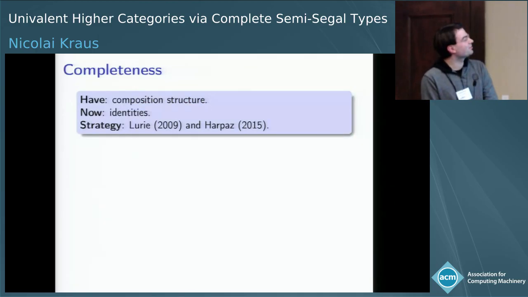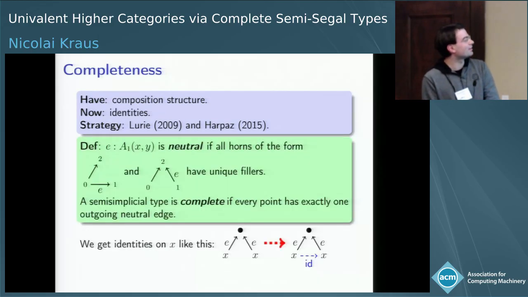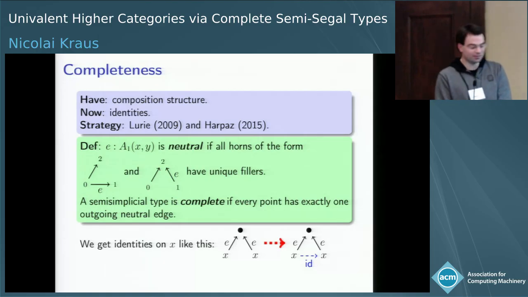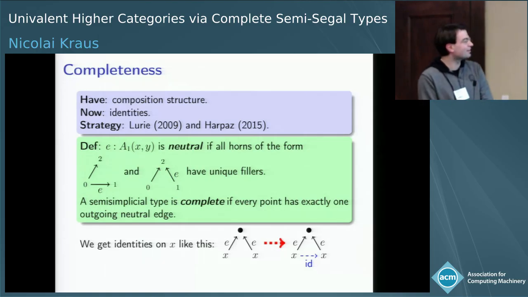Okay, so now, finally, after we have this composition structure, we want identities. And as I already said, we use a very simple trick, which is by Lurie and Harpaz. It works by saying that some edges, which I call E here, have this property that you can compose in the wrong direction.